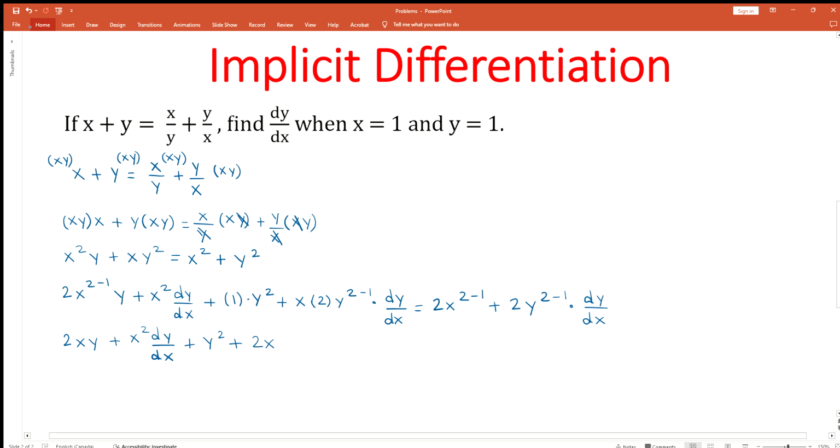On y, the exponent will be 1 and y to the power 1 is just y. The exponent on x will be 1 and x to the power 1 is just x. Similarly, the exponent on y is 1 and y to the power 1 is just y.